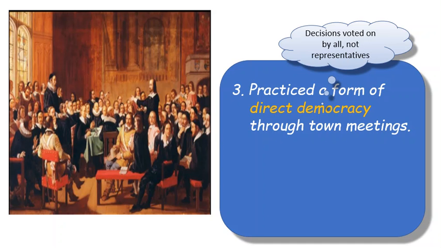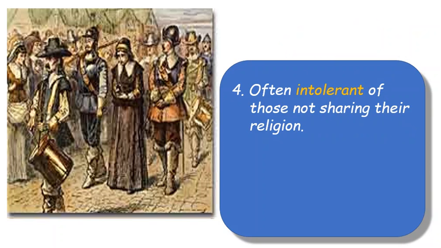In small, tight-knit communities like these, everybody could vote on every issue affecting the community. So they held town hall meetings, okay, and they practiced direct democracy where each member, each adult male member of the community at the time, was able to vote on issues affecting the community.